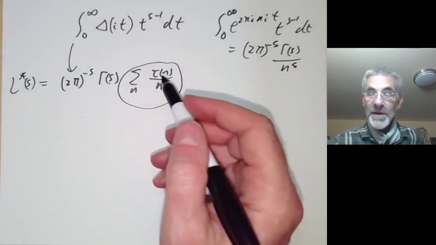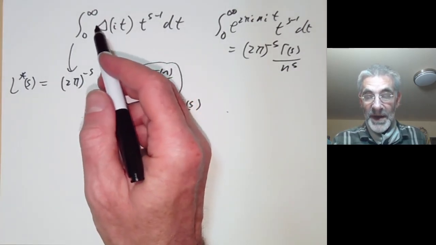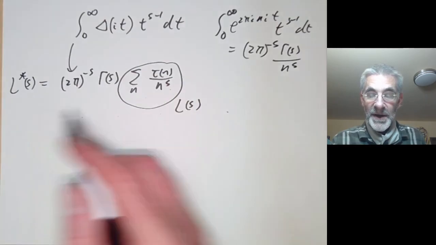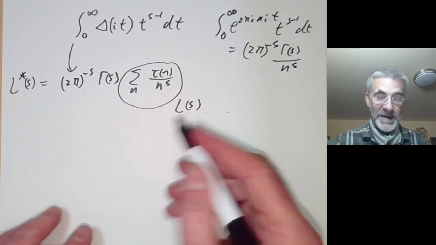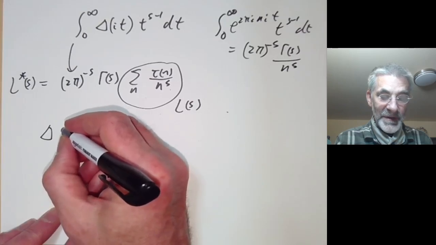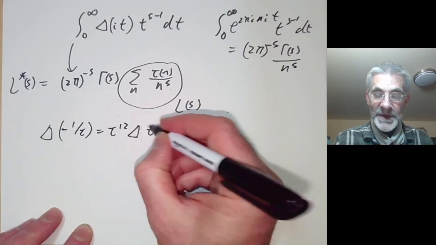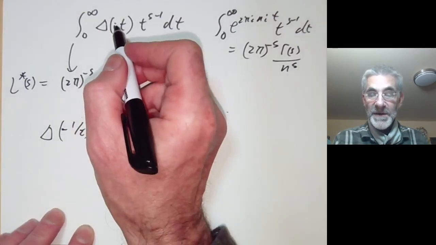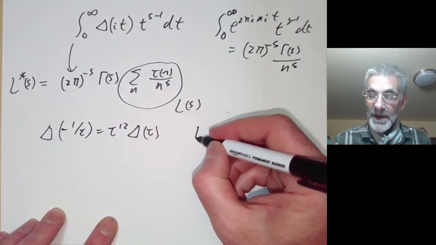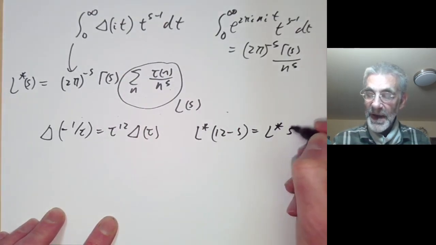And now we can turn things we know about the discriminant delta into properties of L of s. For example, the discriminant delta is a modular form, so delta of minus 1 over tau is equal to tau to the 12 times delta of tau. If you substitute this into the Mellin transform, you find L star of 12 minus s is equal to L star of s.